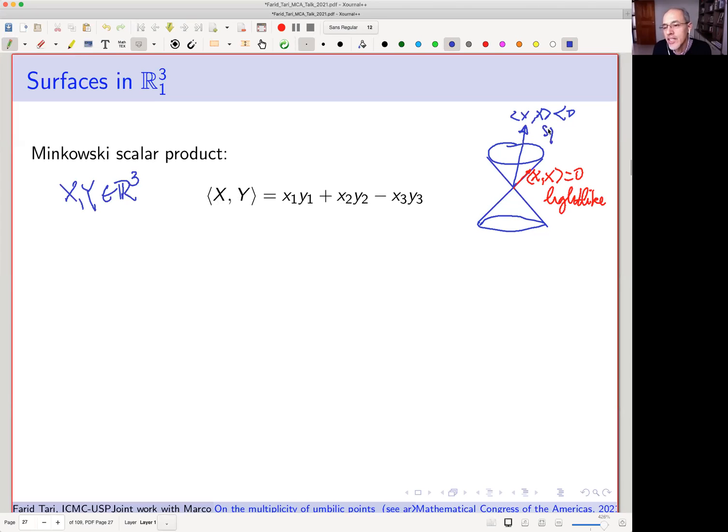This is called a time-like vector. And vectors outside this cone have positive norm, and they are called space-like. Okay, so this is the key difference with the Euclidean space.